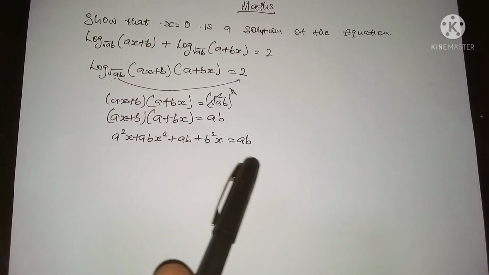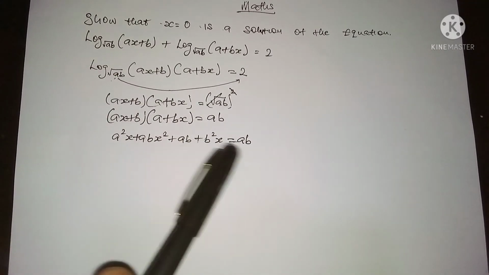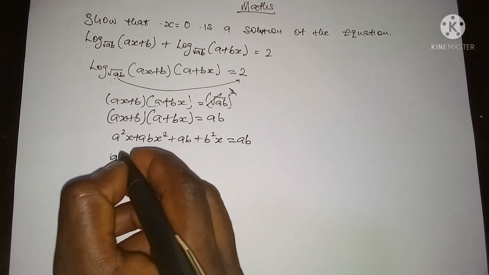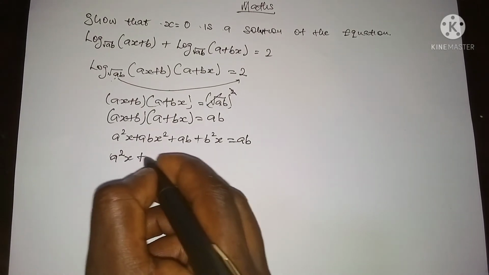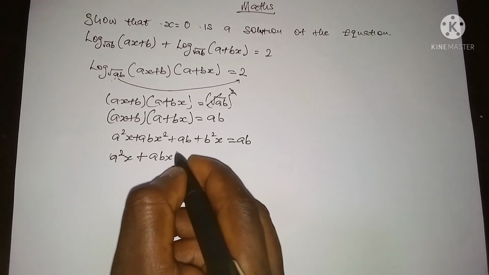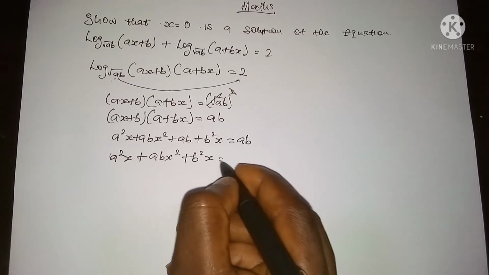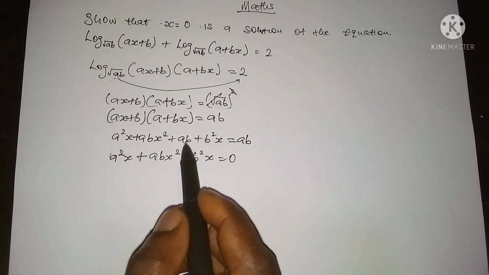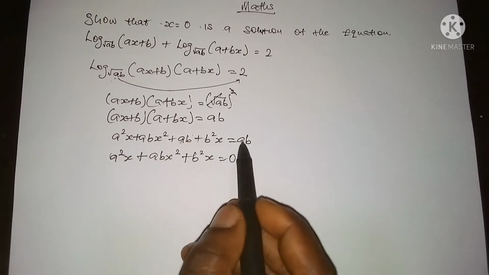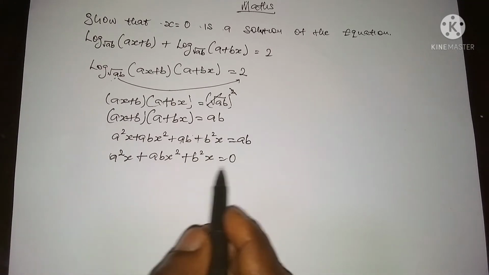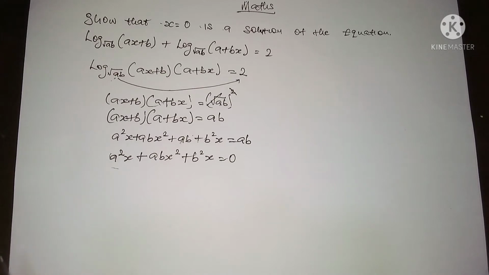So we move this ab to the other side, or subtract ab from both sides. We have a squared x plus abx squared plus b squared x is equal to 0. The ab is out from this case, so what we have remaining is this.